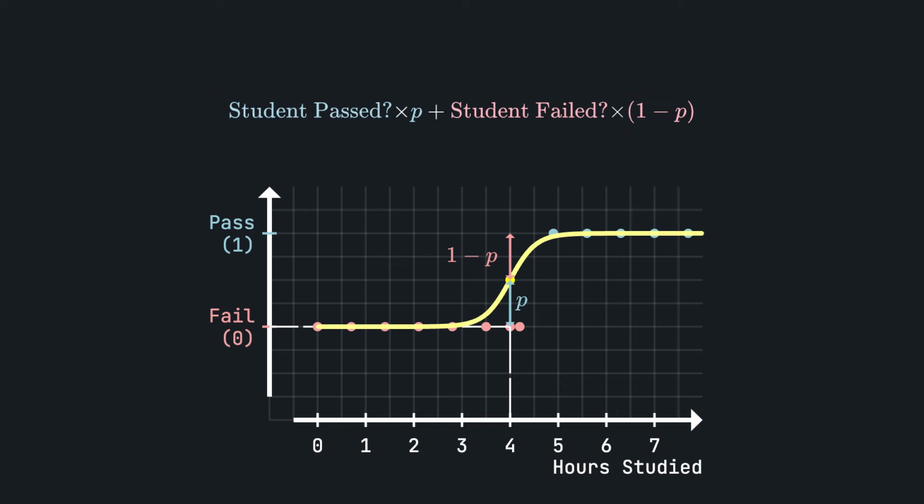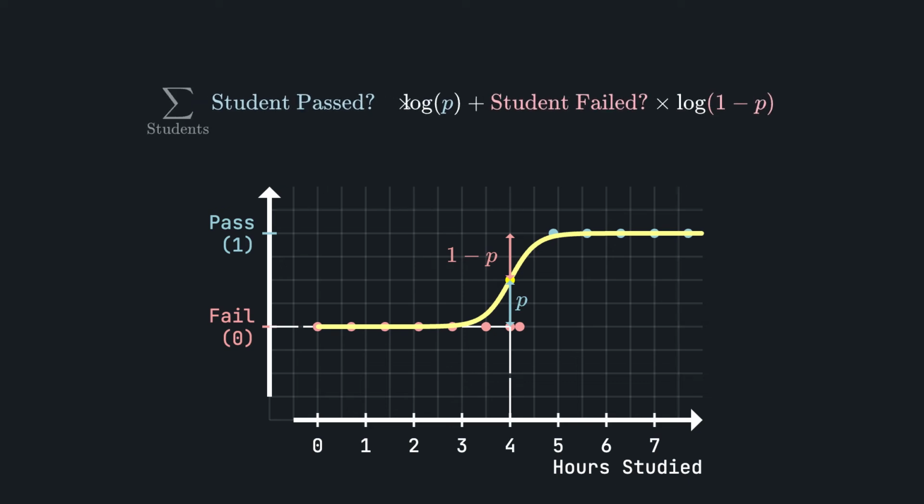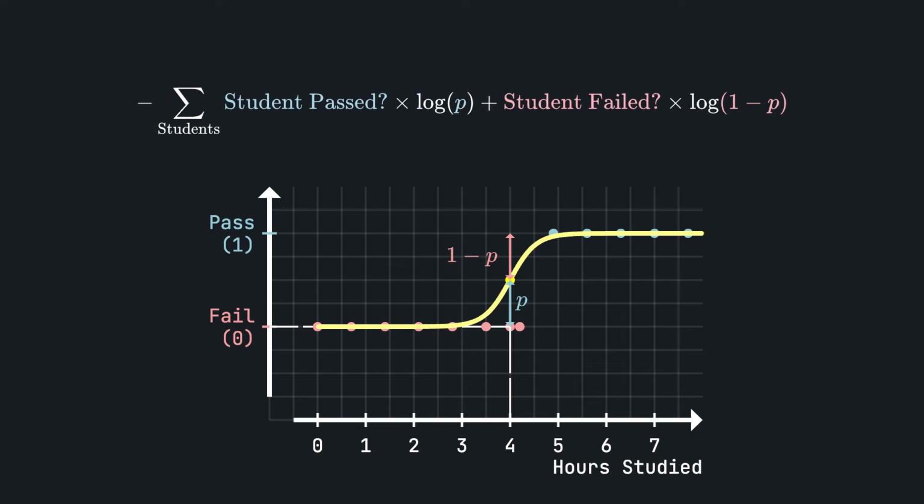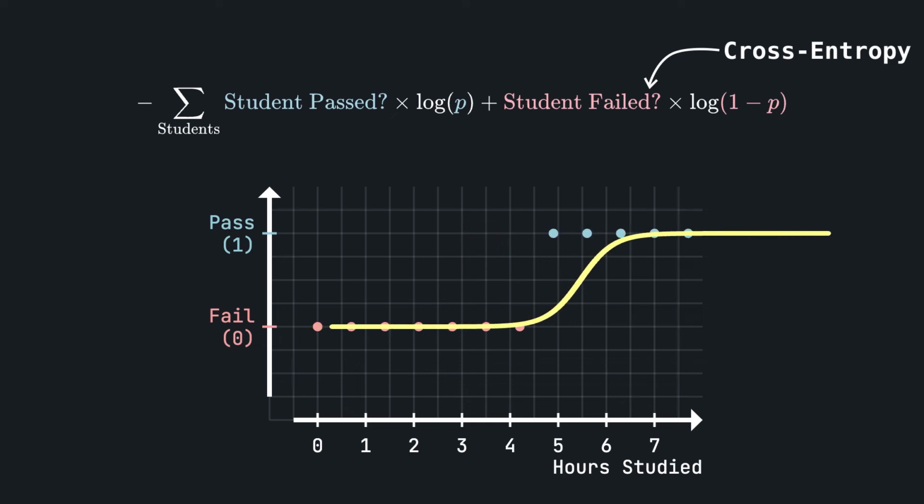We now take the log of this probability, since that's the natural way to look at probabilities, and sum over all training data points or students. And since we usually think of loss functions as something that we want to minimize rather than maximize, let's add a negative sign in front. This loss function is called cross entropy, and logistic regression aims to make this loss function as small as possible, which in turn makes the sigmoid curve as close to the training data points as possible.